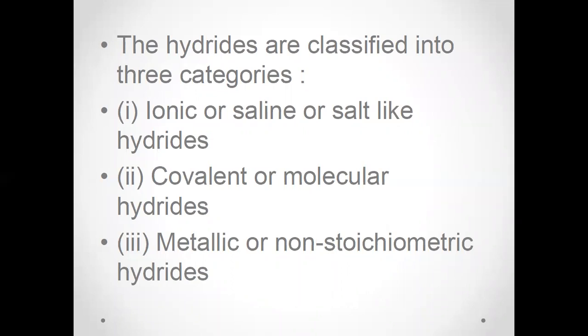So in this type of hydride, ionic bond is present. Let's move to the second one, the covalent or molecular hydride. In this type of hydride, a covalent bond is formed between the hydrogen and the attached species. The third hydride is the metallic and non-stoichiometric hydride. When a metallic bond is present between the hydrogen and the combining species, the metallic hydride will form. Clear?